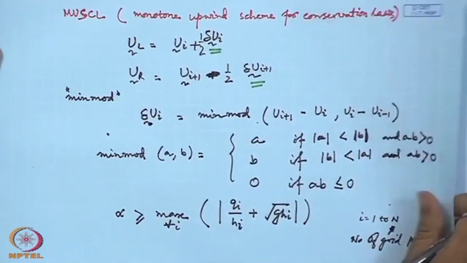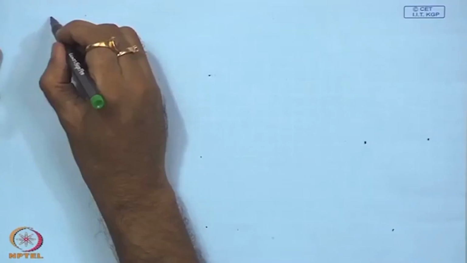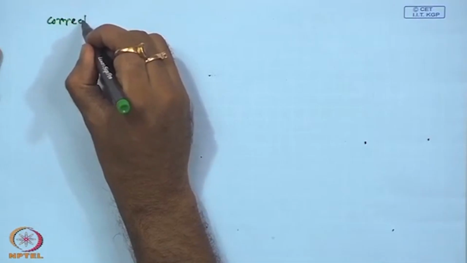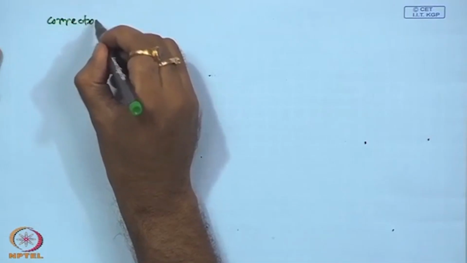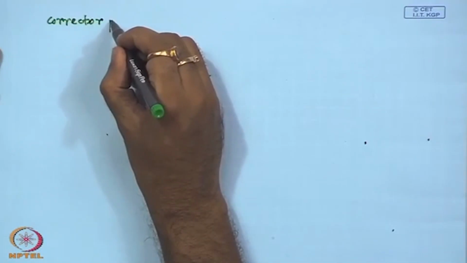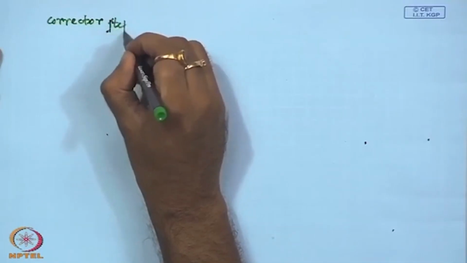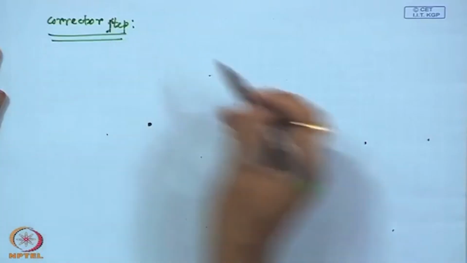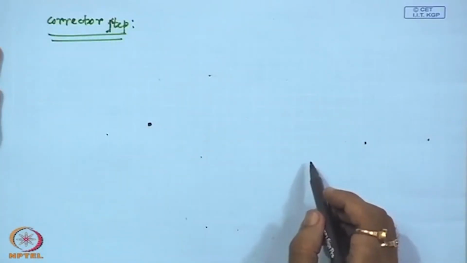So, next step is corrector step. In this corrector step, the star values or predicted values are utilized to get the corrected value.